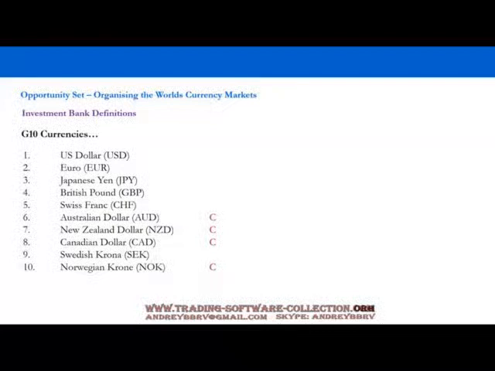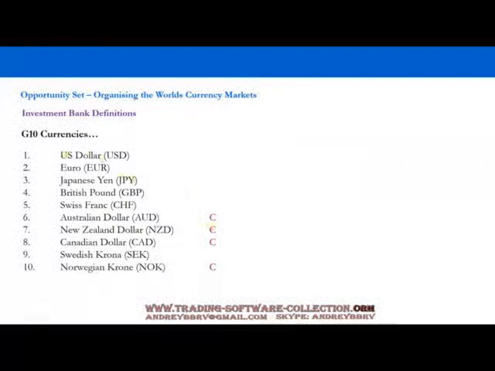So what we've done is we've marked the currencies within the G10 with a C because the value of their currency is very heavily dependent on the price of international commodities. So just 1 or 2 particular commodities.